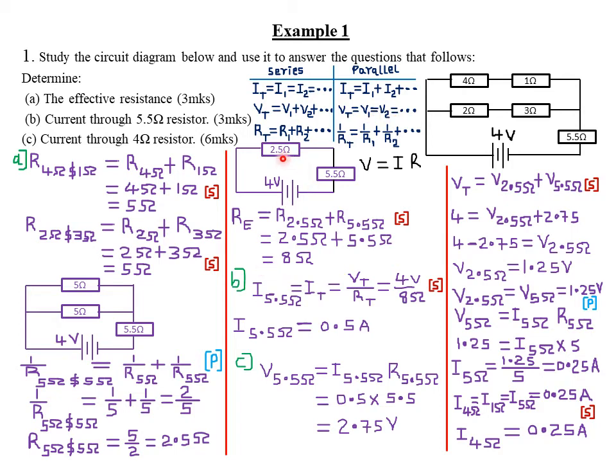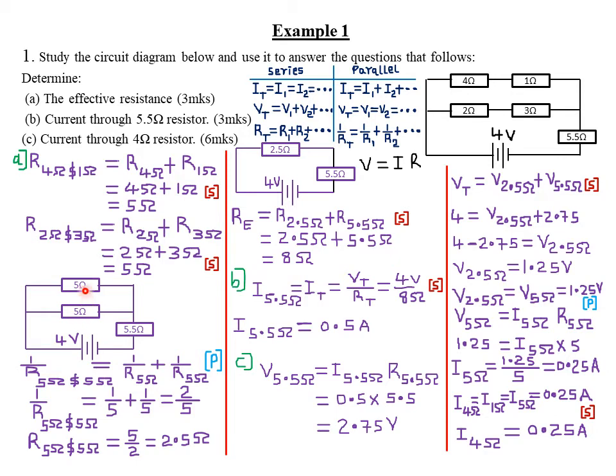Therefore, we say that the voltage through the 2.5 ohm resistor must be equal to the voltage through each 5 ohm resistor. The reason being they are in parallel connection. So the voltage entering this particular junction, which is the voltage through the 2.5, is equal to the voltage through the 5 and the 5 ohm resistors. We conclude that the voltage through the 2.5 ohm resistor, the voltage that remained here, is equal to the voltage through each 5 ohm resistor.